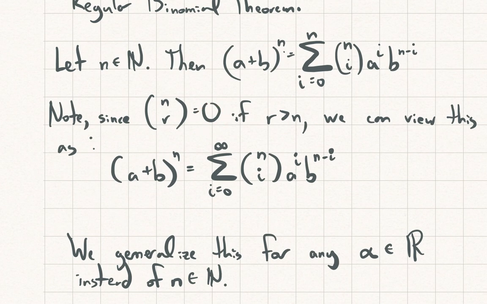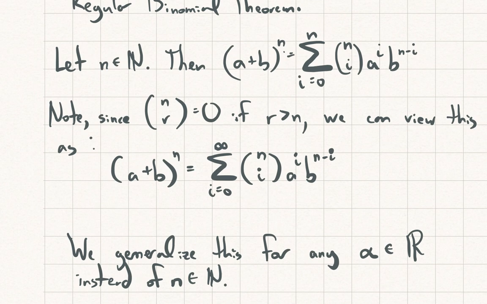So if we let this sum run over more values, instead of going up to n, we went up to n plus 1, n plus 2, all the way up infinitely far, all of those values past n are going to be 0, so I can just include them, in some sense, for fun, but just so you can see how this is going to be analogous with the generalized binomial theorem. So I can view this as the sum from i equals 0 now to infinity of this expression here, because everything past n, all your terms are going to be 0 anyway.